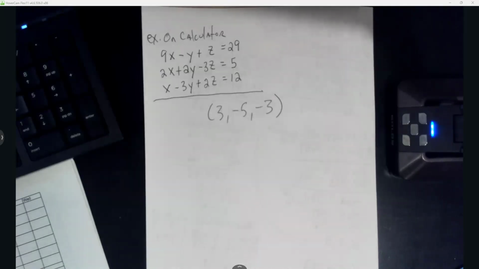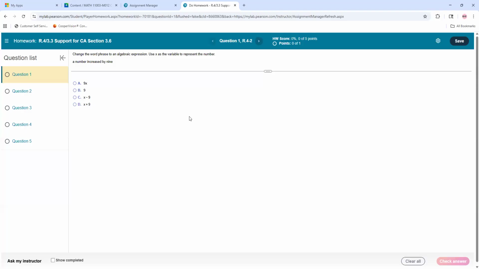All right, y'all. So let me get back on Zoom with y'all. All right. I'm going to share my screen for 3, 6 support. And y'all, we'll just answer these together. So number 1, you're going to change this phrase into an algebraic expression. It tells you to use x as the variable.